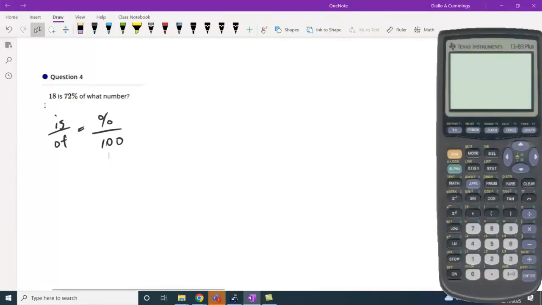So reading question number 4 says 18 is, so we're going to put 18 in the numerator, 72%. So anytime we see that percent symbol, we're going to put it on the right-hand side of our equation. We're simply going to drop the percent symbol and stick that over 100.